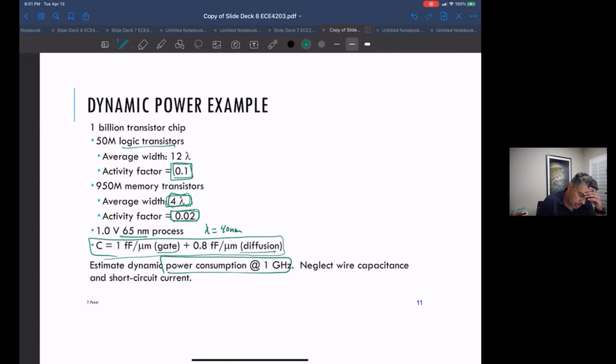What we want to do is estimate the dynamic power consumption. How do we do this? Remember, the dynamic power is almost entirely the switching power.